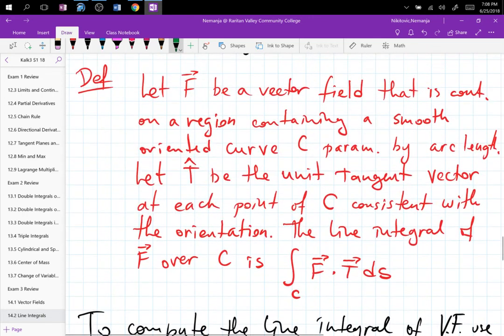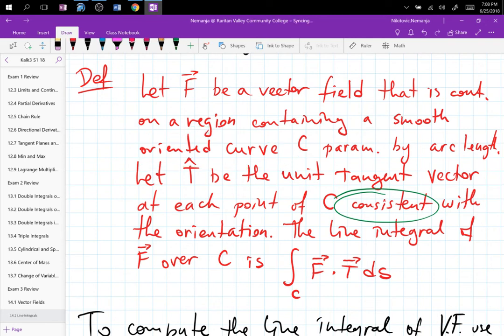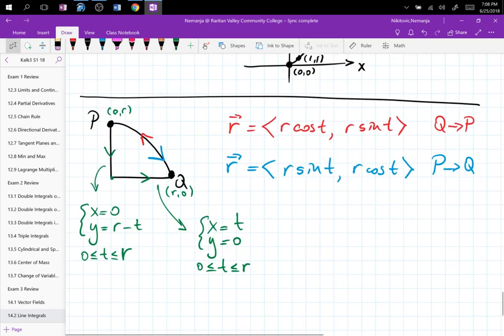So the two words over here, the oriented curve, and then being inconsistent with orientation, means that you have to make sure that you are using the correct parameterization, because one more time you will be plugging in these.